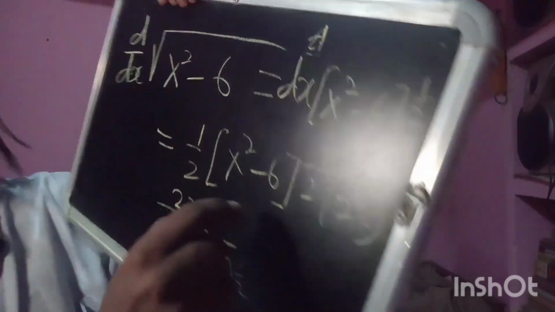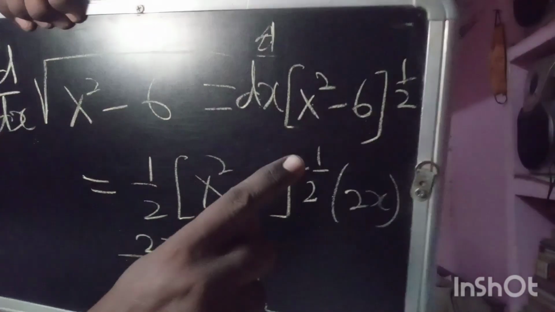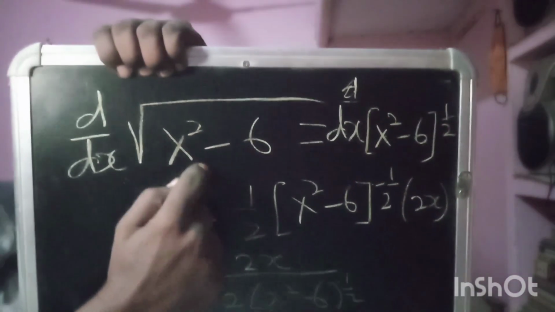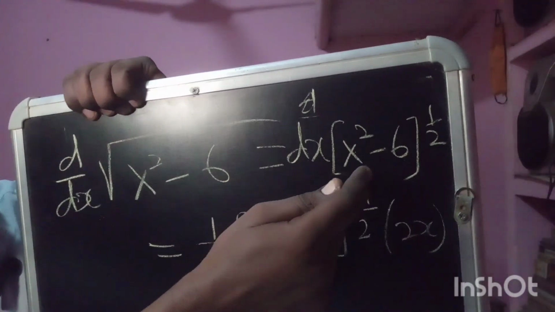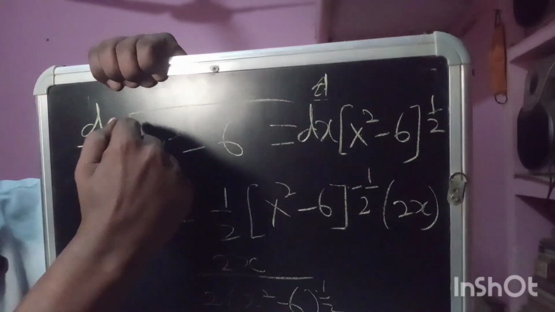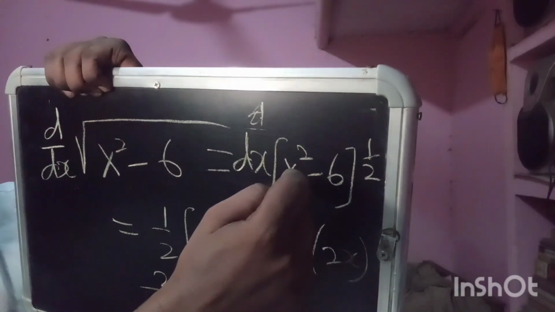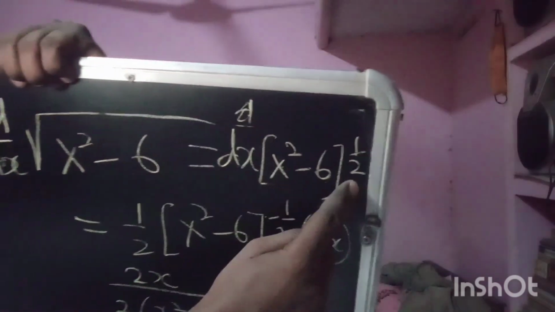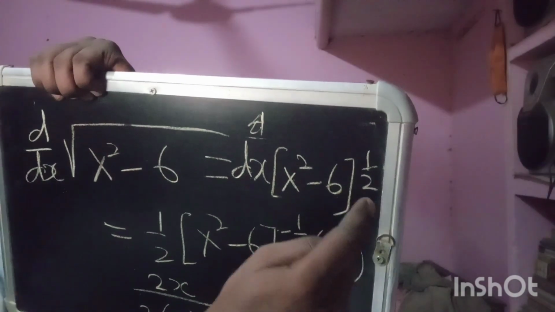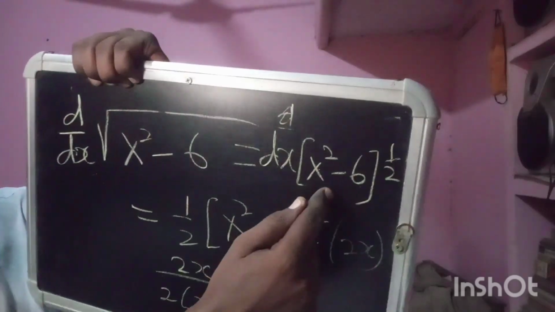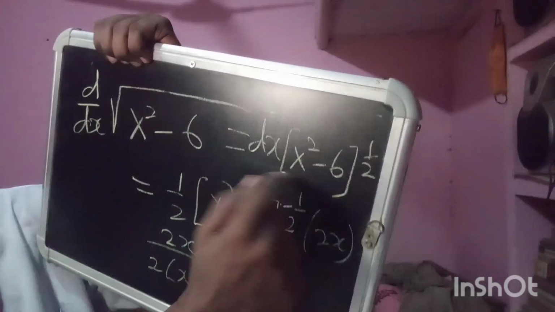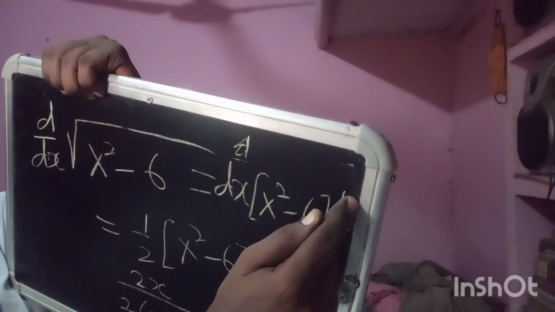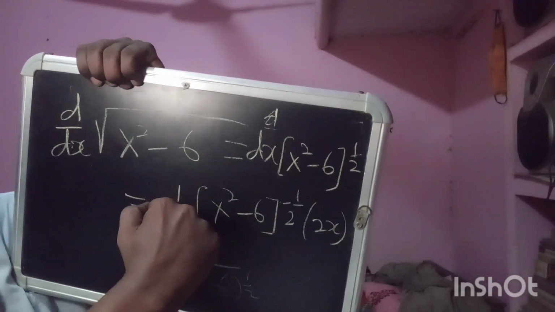I think you're following. First of all, we had to change this into this form so that you can differentiate. The radical is the same as this with the power half. Once we write this, it's in the form we can differentiate. So this comes in front and this remains the same according to the power rule.